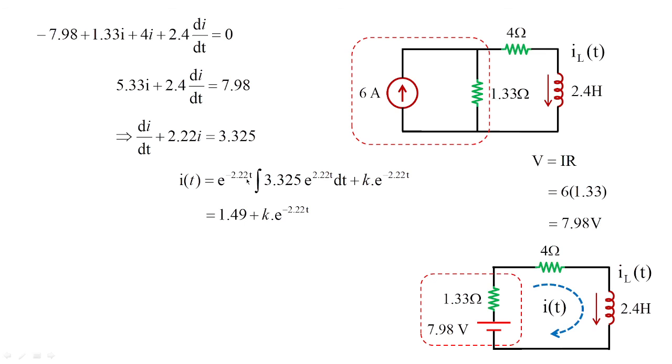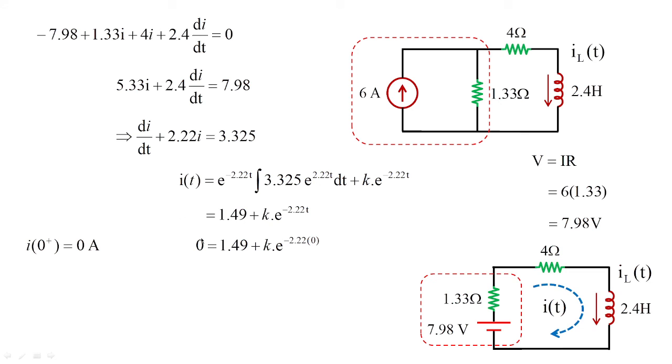The e to the power of minus 2.22t and e to the power of 2.22t will get cancelled, and we are left with k multiplied by e to the power of minus 2.22t. So this is the general solution for this equation. We can easily obtain the value of k with the help of the initial conditions. Initially the current was 0 amperes, so just substitute 0 in the I of t place.